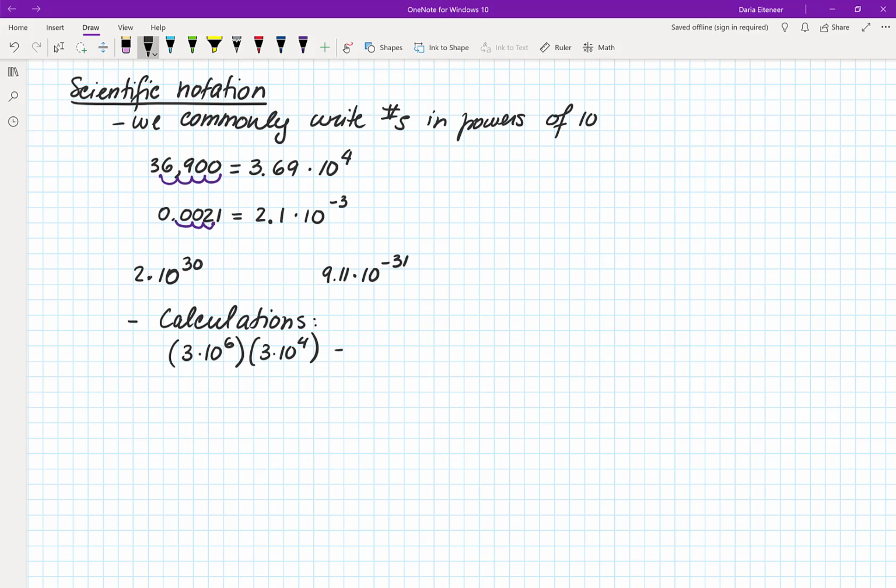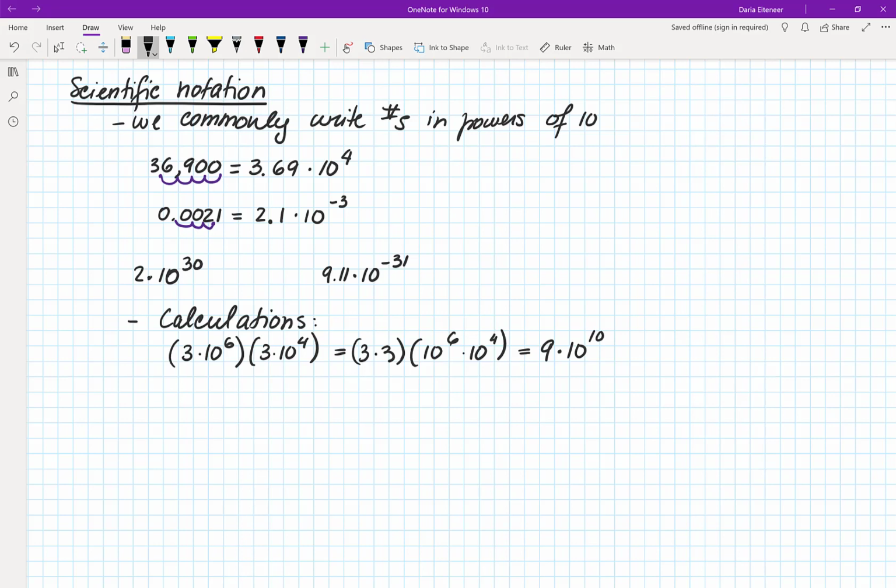But you could also do it by hand, multiply the 3 times 3, and then combine the bases. Remember that when you combine exponents like this, if you're multiplying bases, you're adding exponents. So it's going to be 9 times 10 to the power 10. So you could do this by hand or on a calculator.